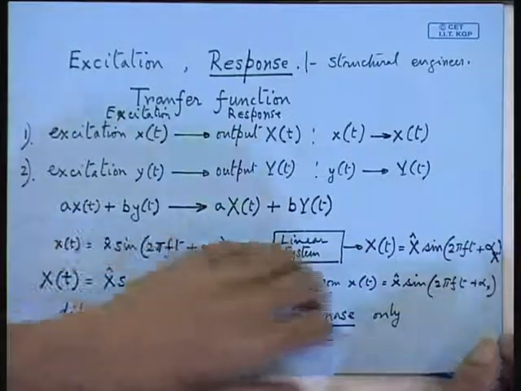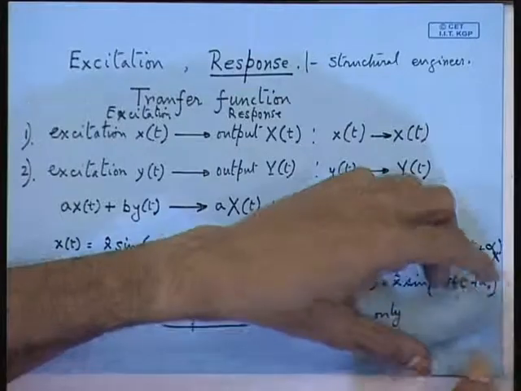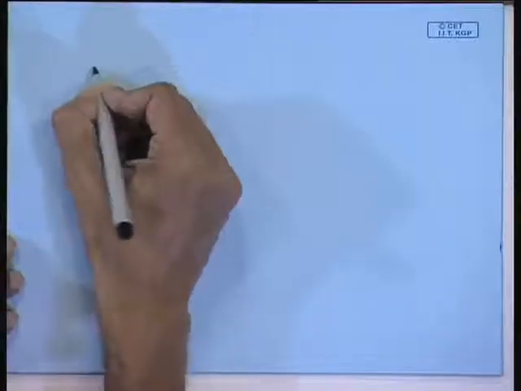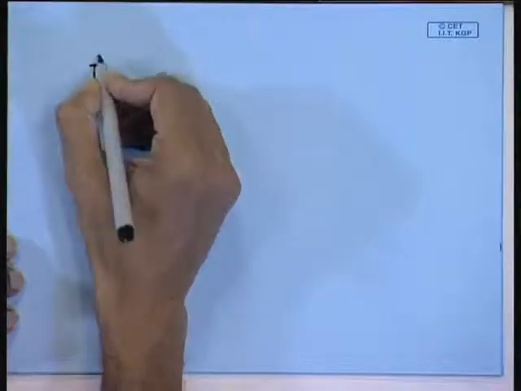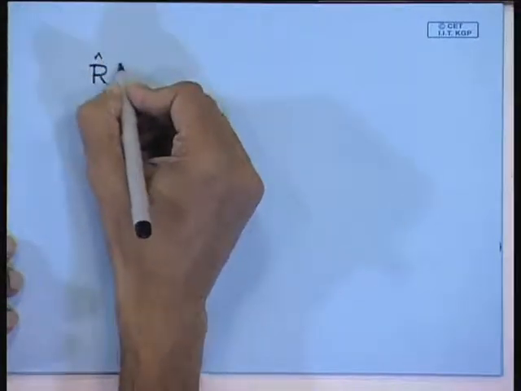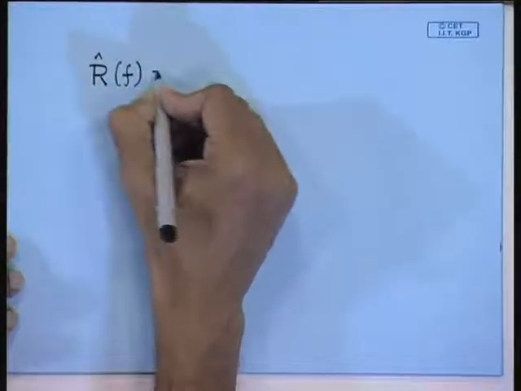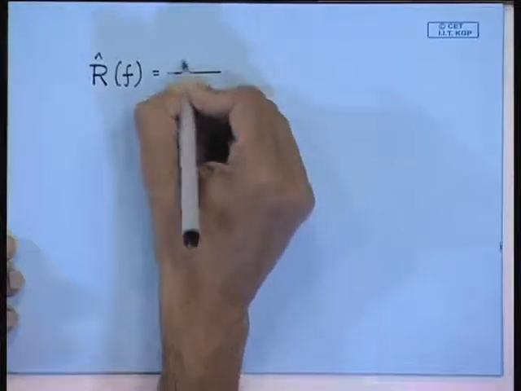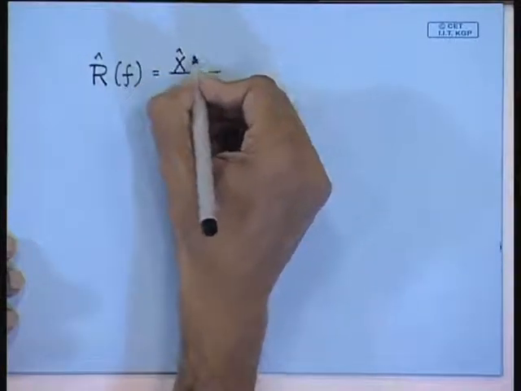Now, you write your amplitude response function. In naval architecture we call this the response amplitude operator. Here this is written as R cap of F, which is capital X with a cap over small x cap.